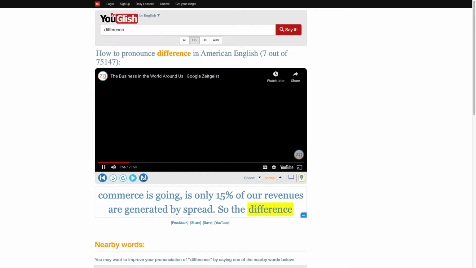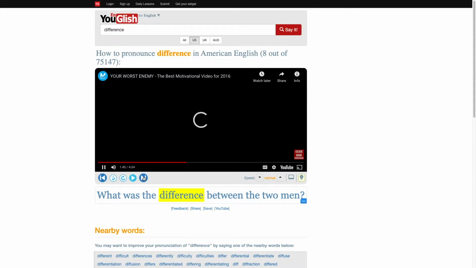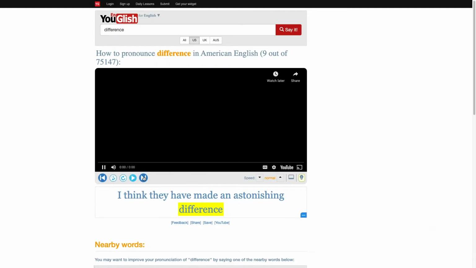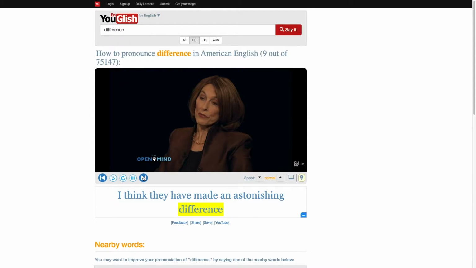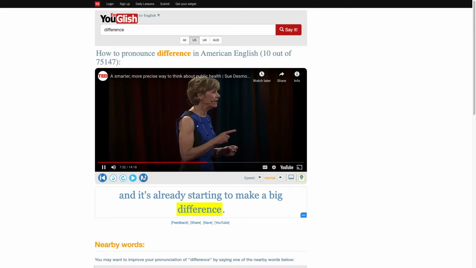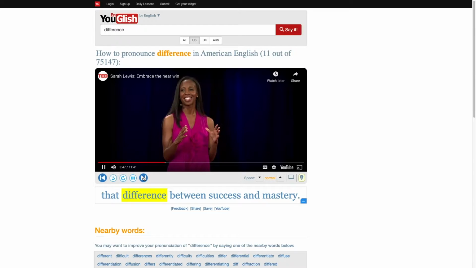And so the difference of the cost of funds and the... What was the difference between the 2 men? That's true. I think they have made an astonishing difference to cancer patients. And it's already starting to make a big difference. That difference between success and mastery.